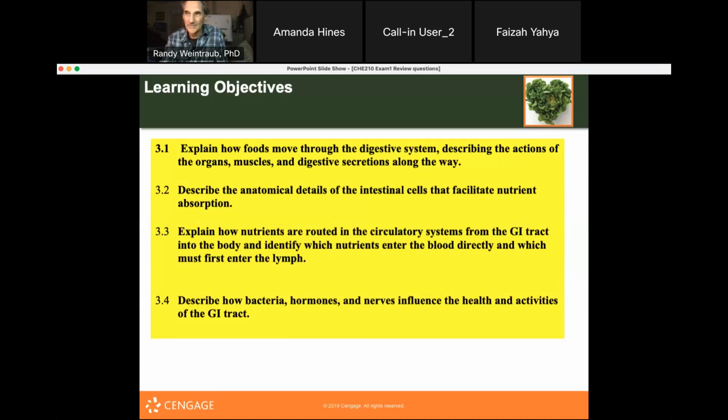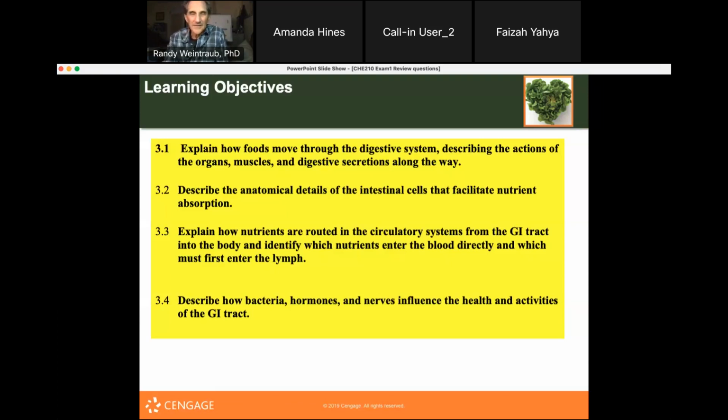In chapter 3, this had the majority of material that we're going to use going forward in the course. How foods move through the GI tract, and what happens at each station as it goes down.